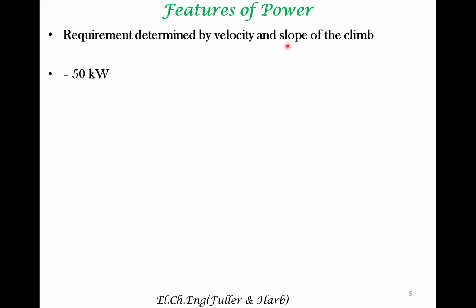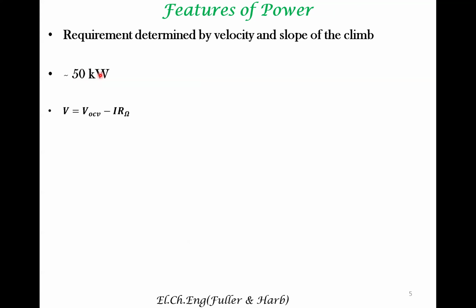So a good thumb rule is that a typical requirement of power is about 50 kilowatts. This is not a small number. This is a reasonably big number. So a battery pack that is able to provide 50 kilowatts is reasonably heavy.